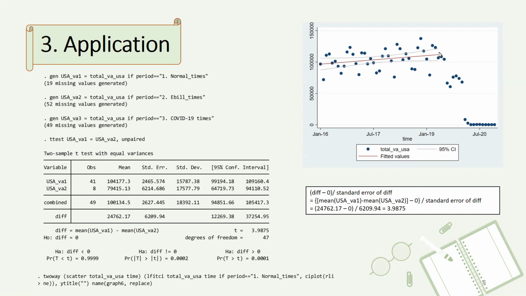And depending on your alternative hypothesis, you might have a different p-value. Here, since we just want to know whether the 2 variables are different, we're going to use the two-tail test, which is the alternative hypothesis in the middle. So the corresponding p-value for the alternative hypothesis would be 0.002. If we take the significance level to be 5%, then a p-value lower than 0.05 is considered significant.